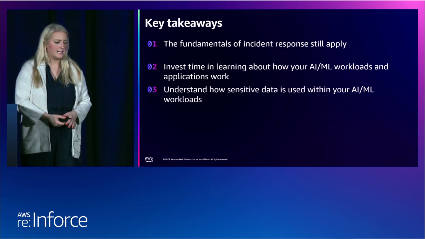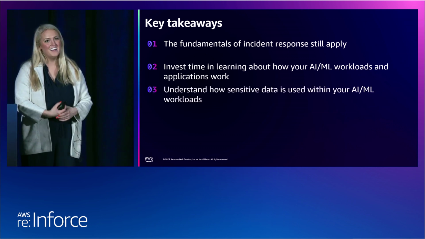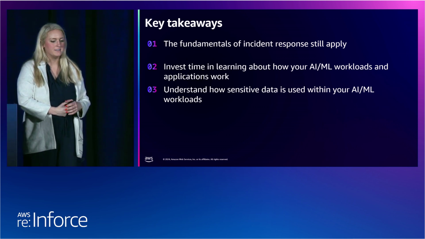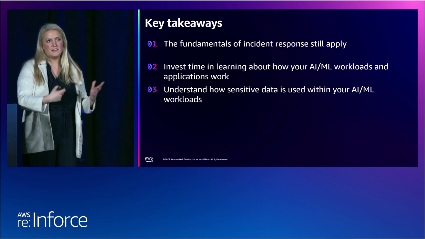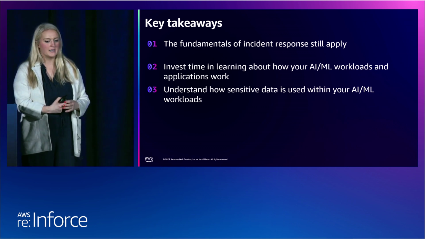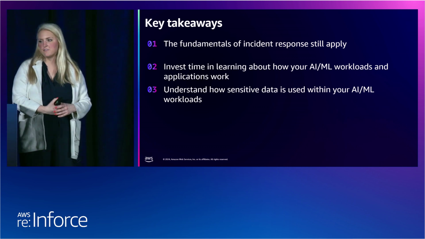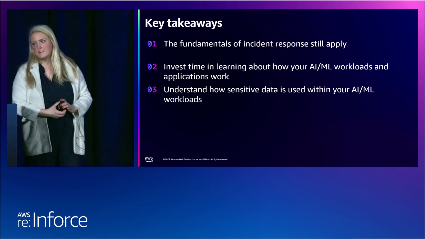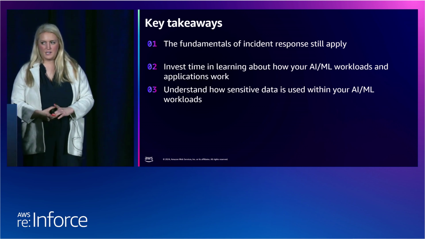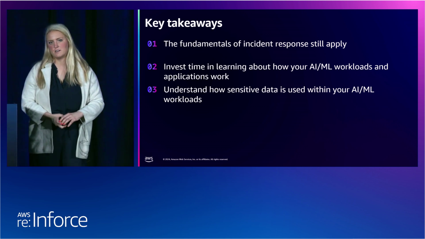And then third, understanding how sensitive data is used within your AI and ML workloads. So you could be using AI to recommend music, or you could be using AI to identify a tumor in an X-ray. The data that goes into that is really, really different, and the impact of a security incident is very different.